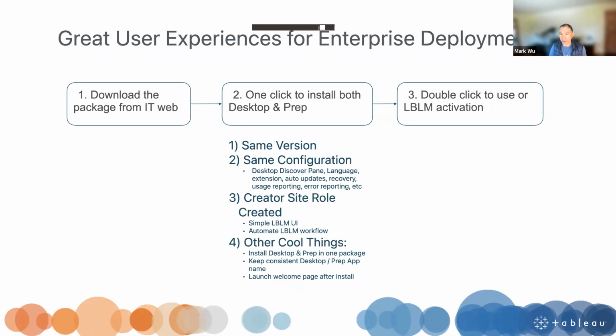When the user clicks to use it, the first-time activation is straightforward because the site role is there, and the server name and URL are there. The benefit for me as admin is that on the server I see people's activation data and last use data, so I can understand Tableau Desktop usage. Very good.